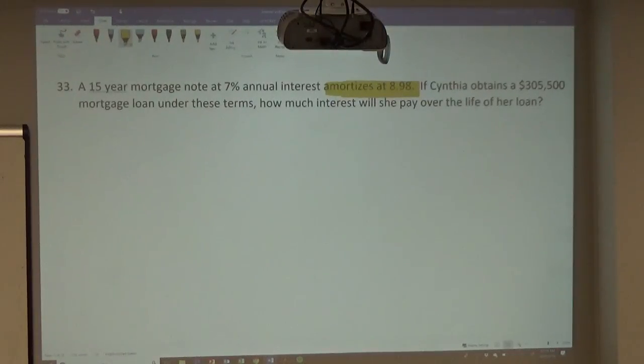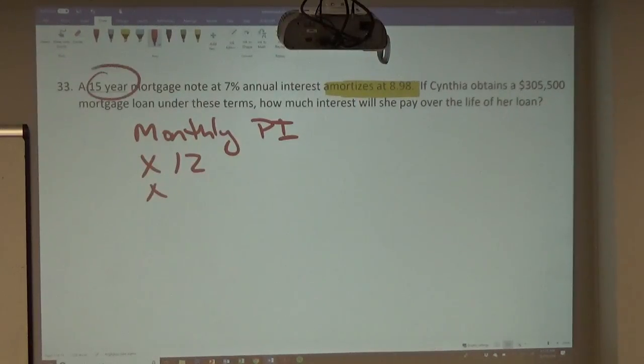Well, interest paid over the life of the loan is going to be monthly PI payment times 12 months a year times the term of the loan, which is 15 years in this case. So we need a monthly payment, which is $8.98 per thousand borrowed.